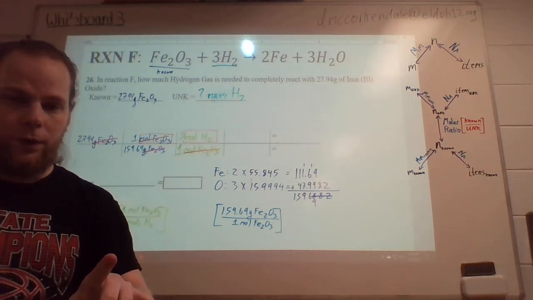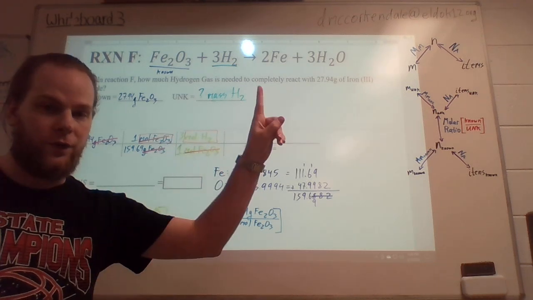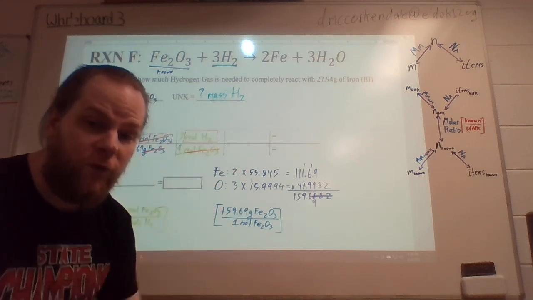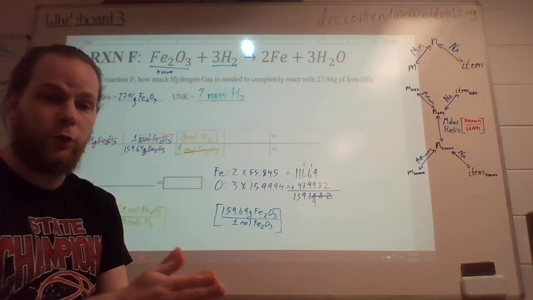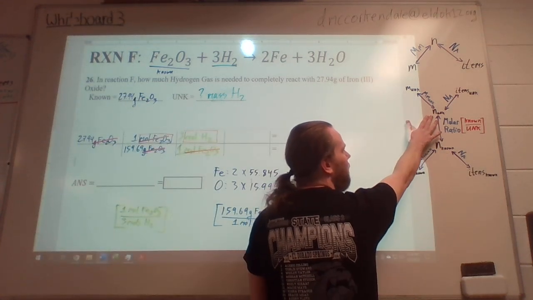Now we have units of moles of unknown, because H2 is the unknown, the thing we are trying to find. So we have made it from moles of known to moles of unknown.